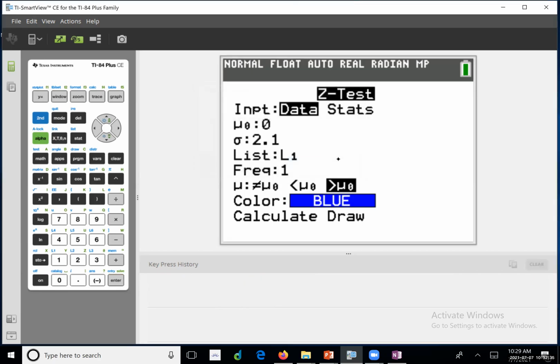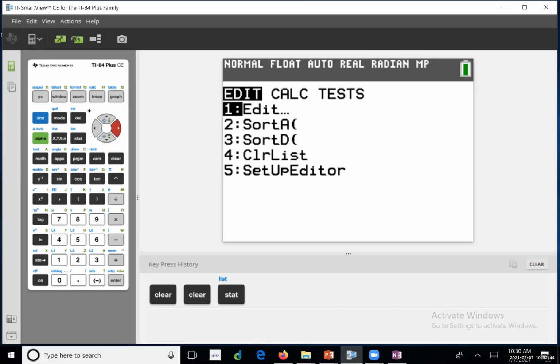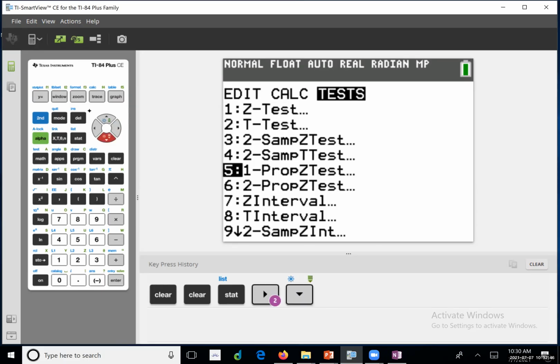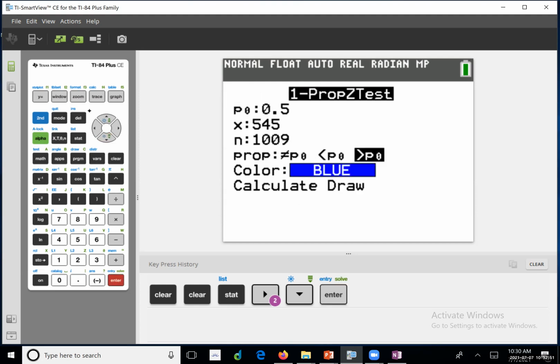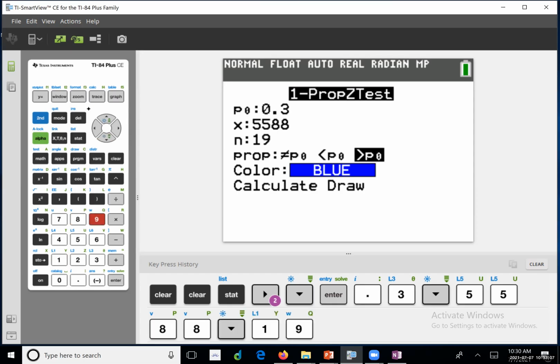That's not what I wanted. Okay. So I go to stat. I go to test. One prop Z test. 0.3, 30% is null hypothesis. Would you please help me with the numbers? It was 5,588 out of 19,000. What was the rest of the number?